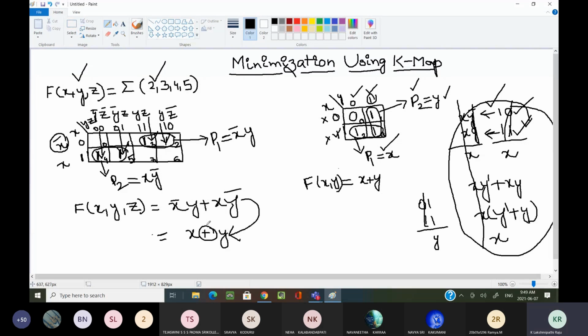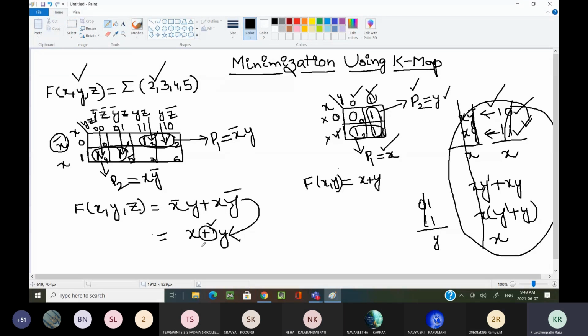What is this one? XOR. Why have I written the expression in this format? The logical expression is A bar B plus A B bar.